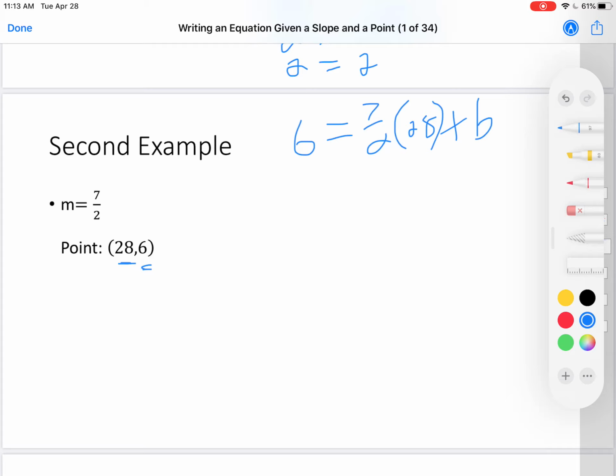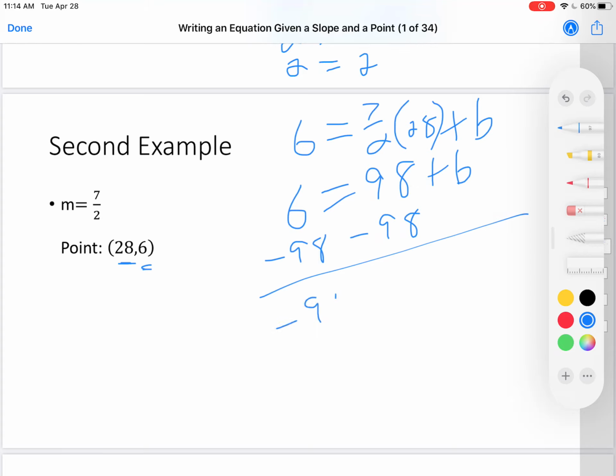All right, let's figure out what b is now. First thing, 28 divided by 2 is 14. 14 times 7 is 70 plus 28 is 98. So 6 equals 98 plus b. Subtract 98 from both sides.